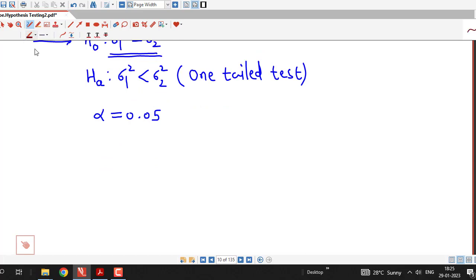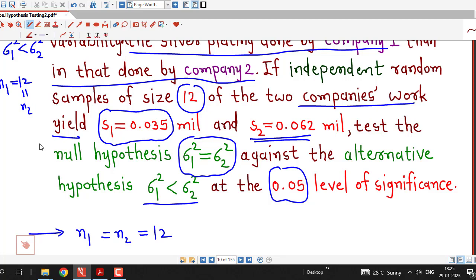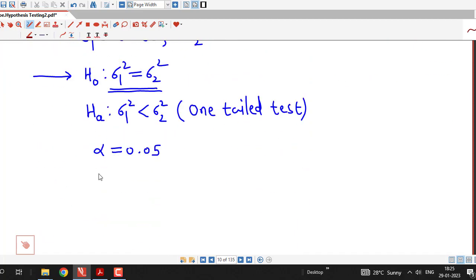Now it is not given that populations for both the companies are normal. They have given that samples are independent. If independent random samples are selected from both the companies, so that condition is given.